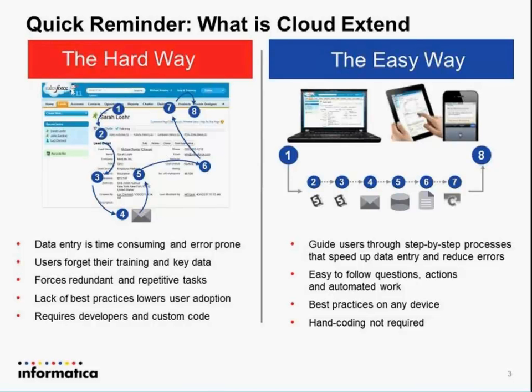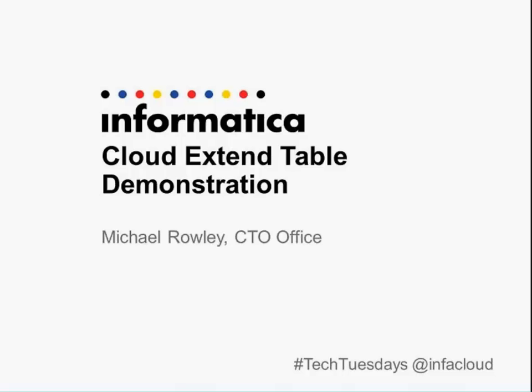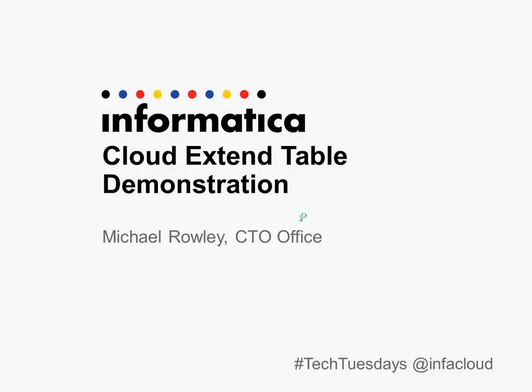There's a lot of questions that get asked, and a lot of automated work that results in some of the process automation steps outlined. And the best thing of all is you can actually do this on any device. You can do it on your laptop, on your mobile device, or on your tablet. So with that, without any further ado, I'm going to pass the ball off to Michael Rowley, who's going to demonstrate the power of Cloud Extend.